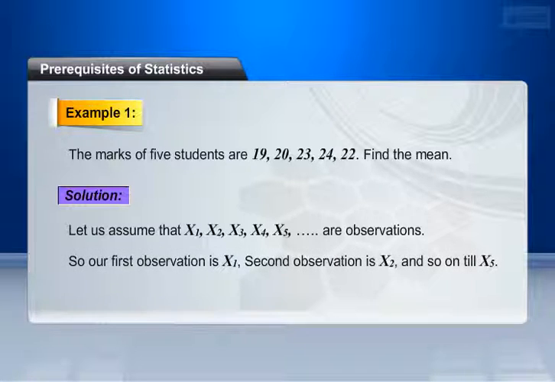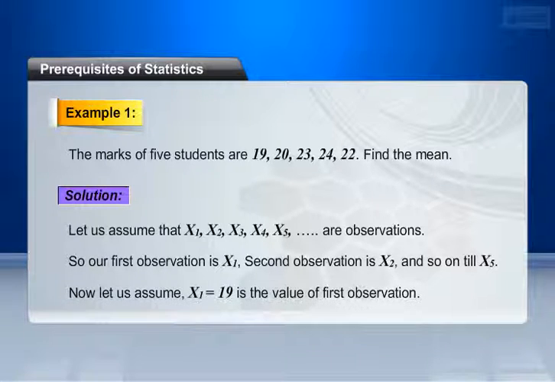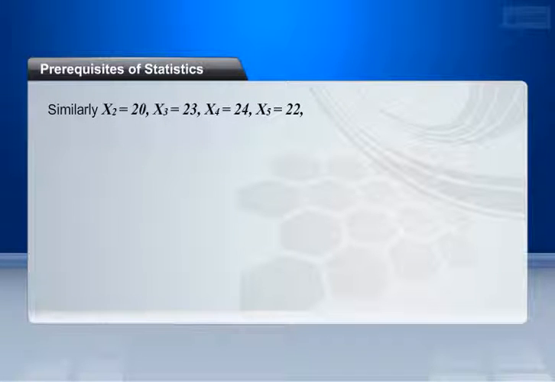So our first observation is x1, second observation is x2, and so on till x5. Now let us assume x1 equals 19 is the value of first observation. Similarly x2 equals 20. x3 equals 23. x4 equals 24. And x5 equals 22.